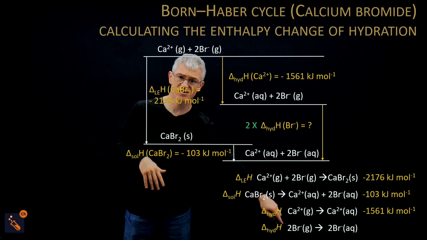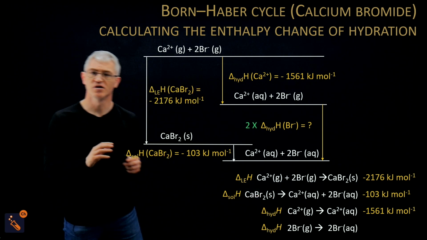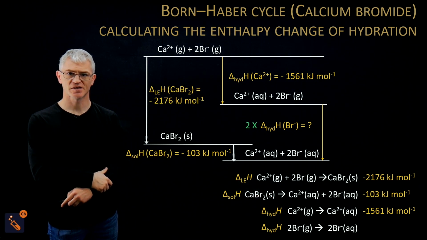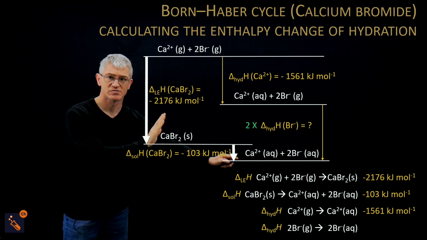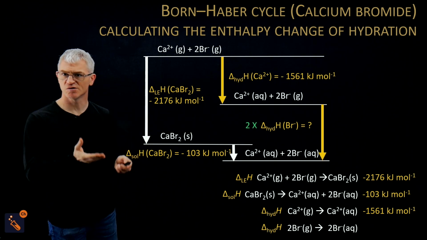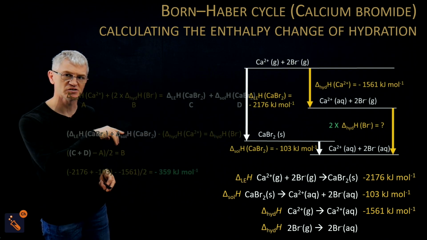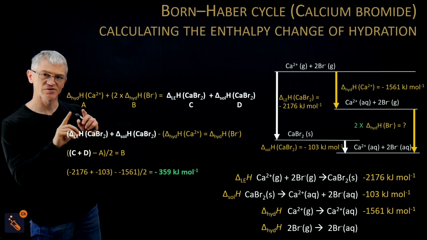Now in there we've put it so it's balanced, but the enthalpy change of hydration, remember, is for 1 mole of bromide. Now, as we said, we've got the two white ones going in the same direction. We've got the two orange ones going in the same direction. So the two white ones equal the two orange ones, put it to the side, and have our calculation come up. So what we've done here, very simple.